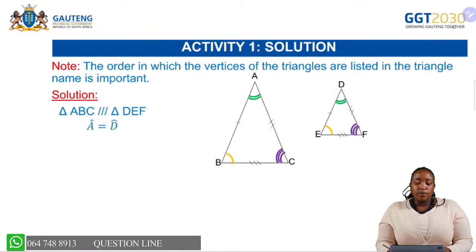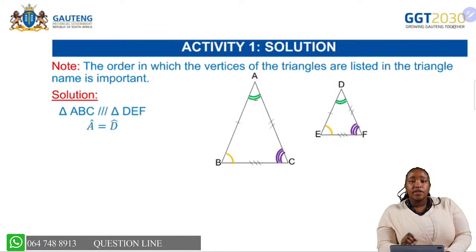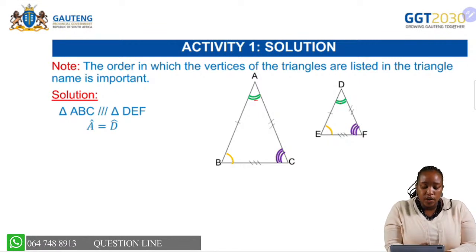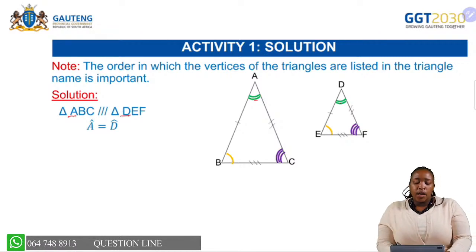So in triangle ABC, angle A is equal to angle D. Do you see that? We can either look at our diagrams here. They both have the same symbol, so we know they're equal. But also we can look at the given notation here. Angle A corresponds with angle D. And then what's the next pair of angles that are equal?